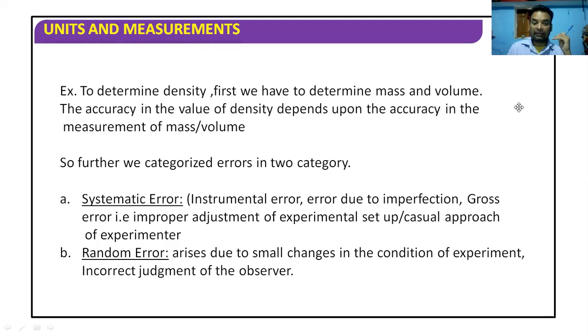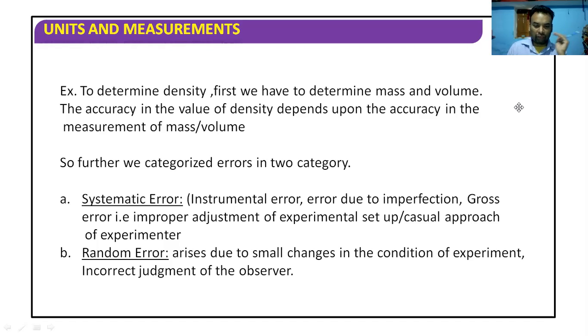He will not get the accurate value, because for the accurate value he has to note the accurate position of the pointer. The pointer is in between 25 kilogram and 20 kilogram. There are five divisions between 20 and 25 kilograms, so we have to precisely check the position of the pointer.